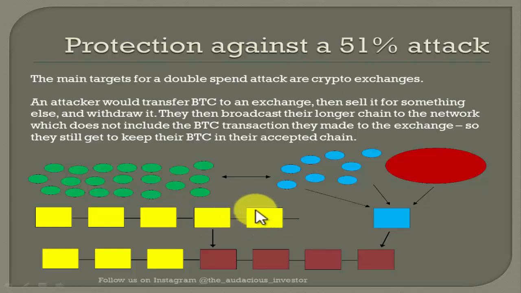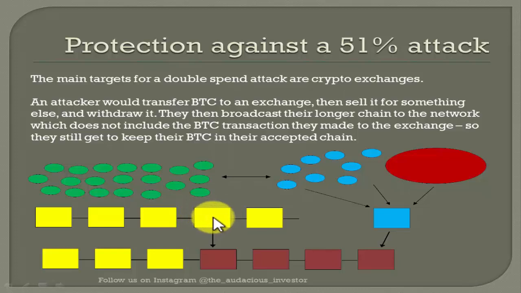This is a confirmation where another block has been built after your block where the transaction has occurred. So the transaction of a Bitcoin being sent to an exchange has occurred in this block here, the second from the last, and then another block has been confirmed after it. So it has one confirmation.